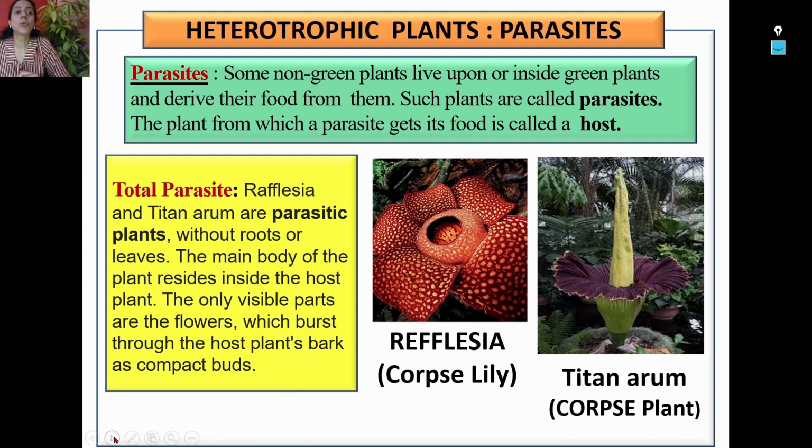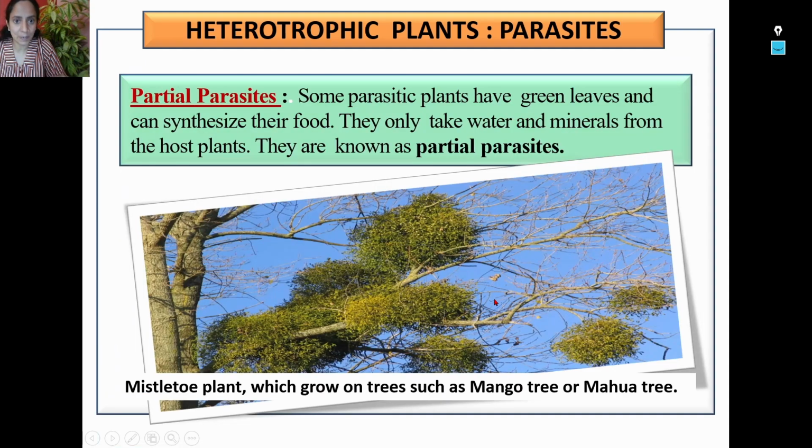Now, this was about total parasites, but in the plant kingdom, let's learn about partial parasites. So, what are partial parasitic plants? They are those plants which are green in color. They make their food themselves, but they are dependent for other requirements on their host. Like this Mistletoe plant.